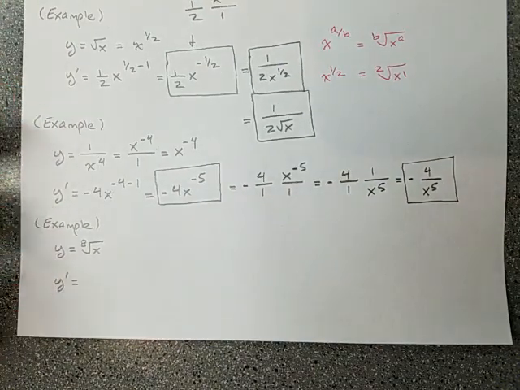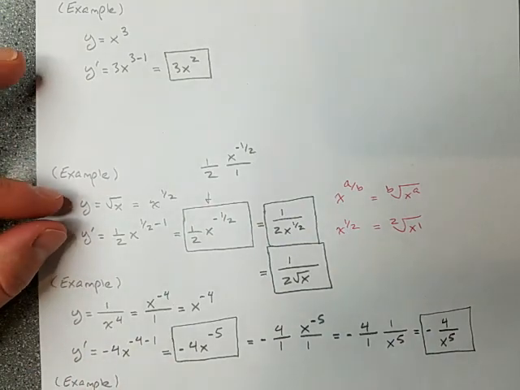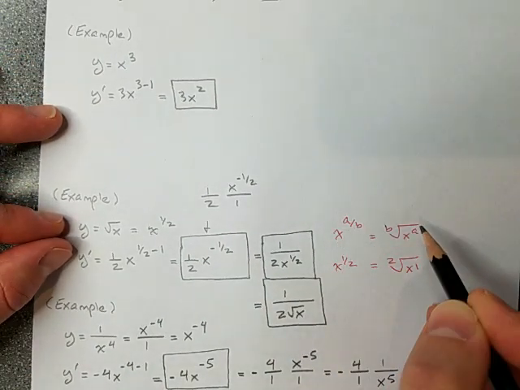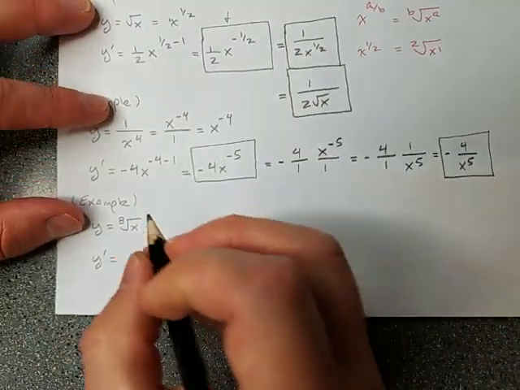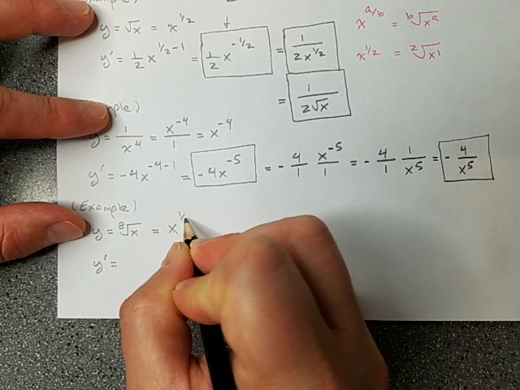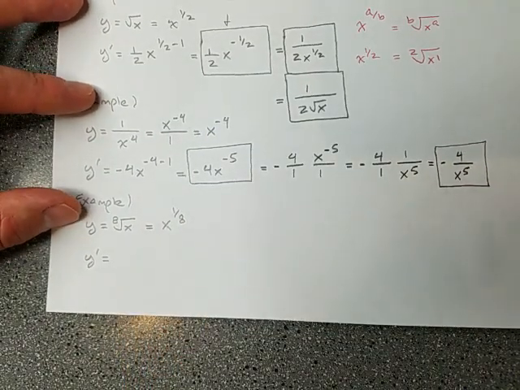This one. What about the 8th root of x? What's y prime for the 8th root of x? Well, okay, so that would be a lot like this one, right? And this rule would be in play. And so for that reason, I would say, well, I'll see it for the sake of what I'm doing as x to the power 1 over 8.